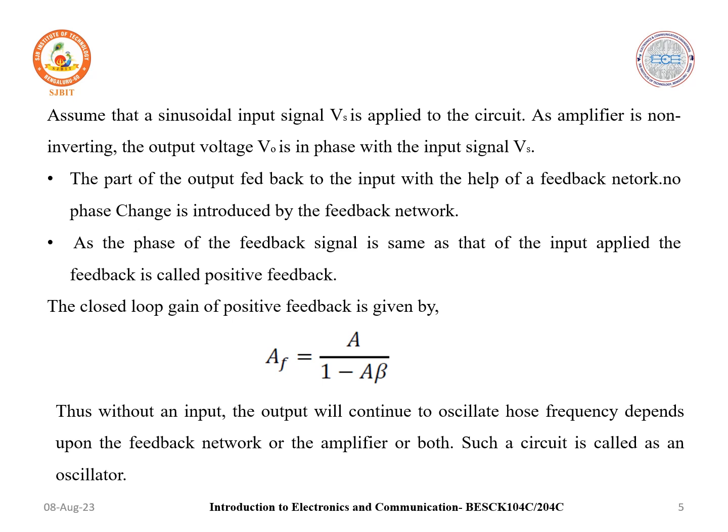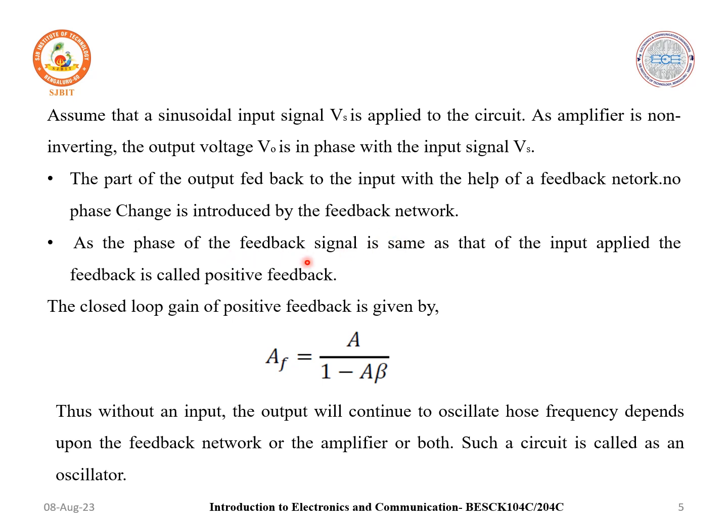Assume that a sinusoidal input signal Vs is applied to the circuit. As the amplifier is non-inverting, the output voltage V0 is in phase with the input signal Vs. Part of the output is fed back to the input with the help of the feedback network. No phase change is introduced by the feedback network.